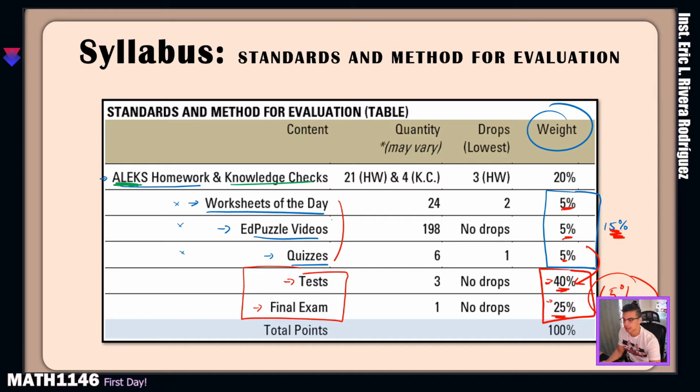Knowledge checks are diagnostic tests that will place you, or ALEKS uses them to determine which topic you need to learn first, which topic you already master, and which topic you need help with. So being honest on the knowledge check is the best option.